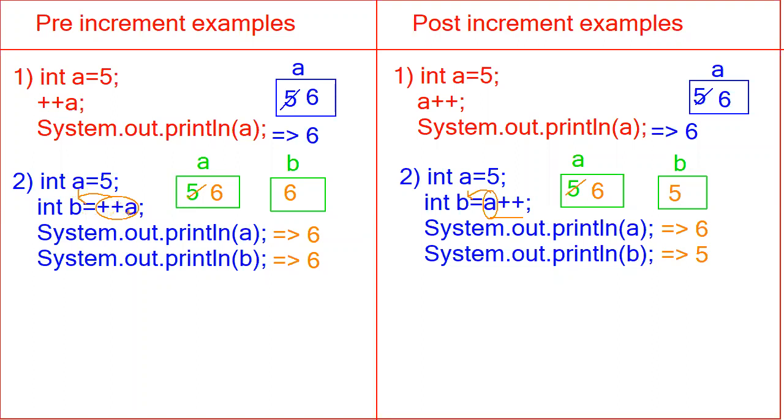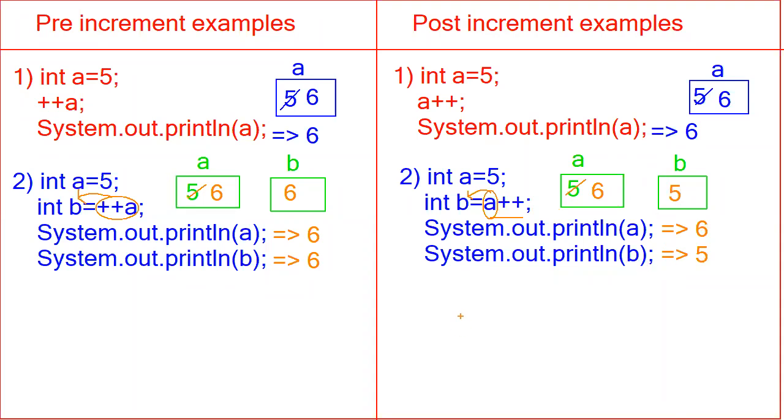So plus plus a will become 6. This result is stored in b. So output is 6 and 6. But in this case, it is post-increment. Incrementation is postponed later. So first the a value is copied in b, so 5 is copied in b. After that, it will become 6. That's why a value is 6, b value is 5.